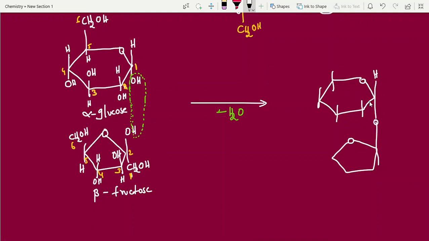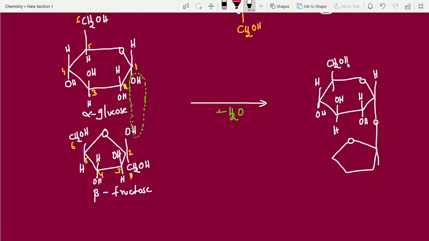That's it. This is H. See, H I am writing as it is. These groups also as it is, you can write H and OH and H. Yes, OH. Don't leave it like a skeleton. If you leave it like this, they will give 0 marks.